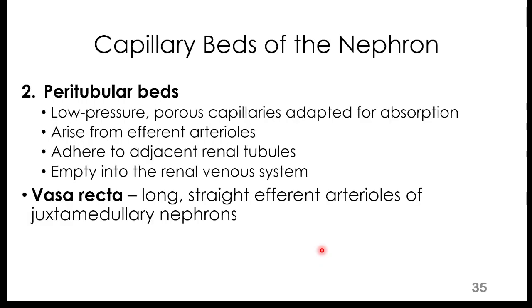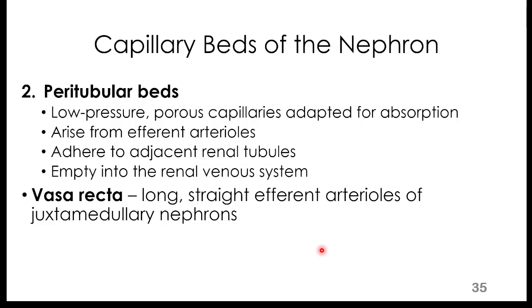Now the second capillary is the peritubular bed. These are low pressure, and they are porous capillaries which are adapted for absorption. Right? So they arise from the efferent arterioles of the glomerular capillary. All right, and they empty into the renal venous system.